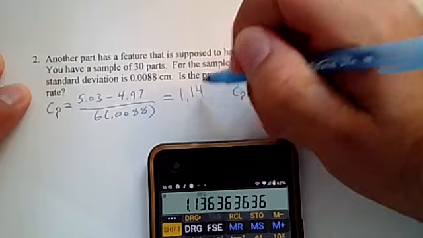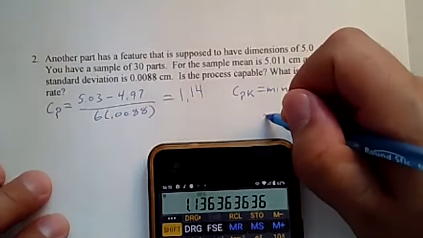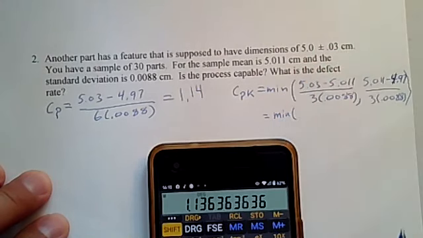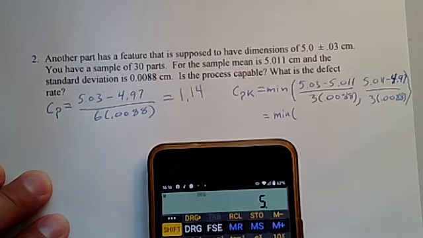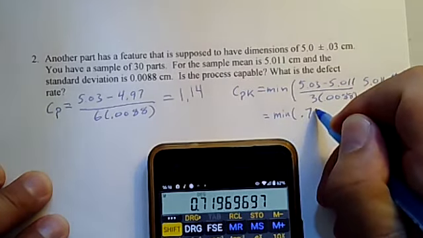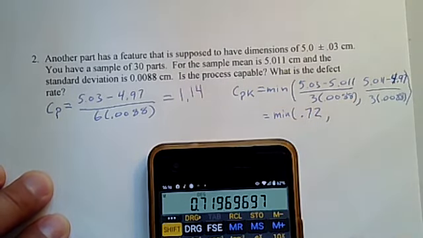Round it up. For the CPK, I'm going to have the minimum of 5.03 minus 5.011 divided by 3 divided by 0.0088. That gives 0.72. So we can already see it's not going to be capable.